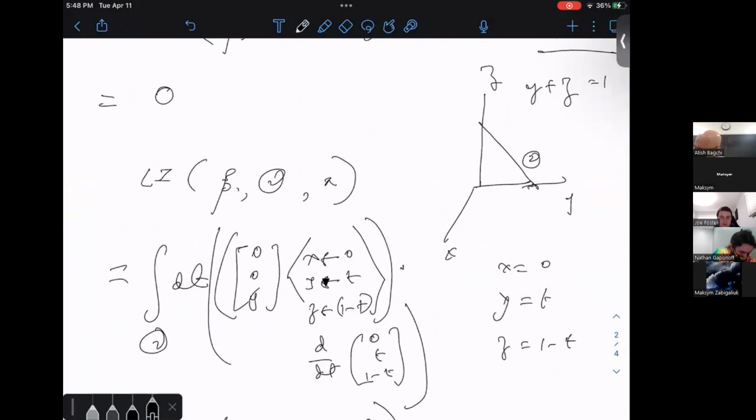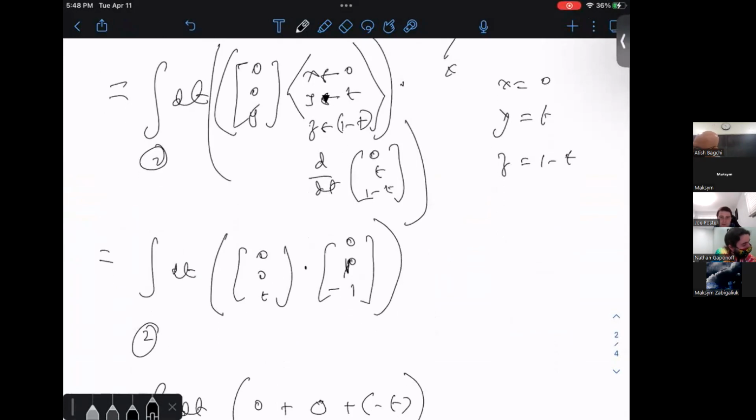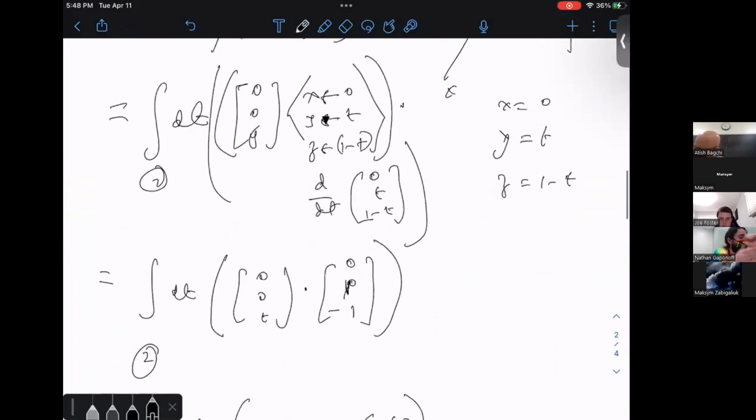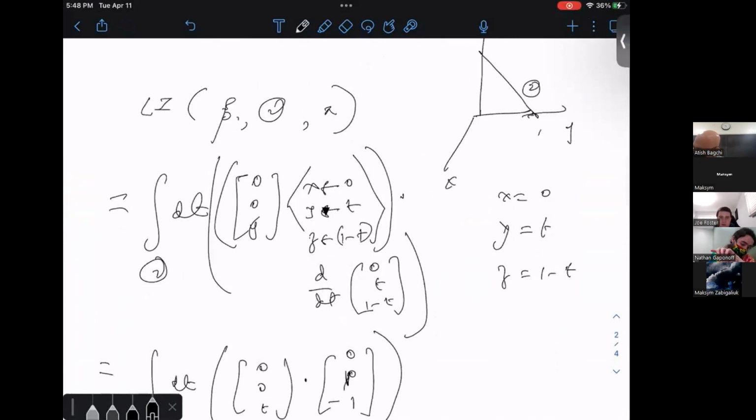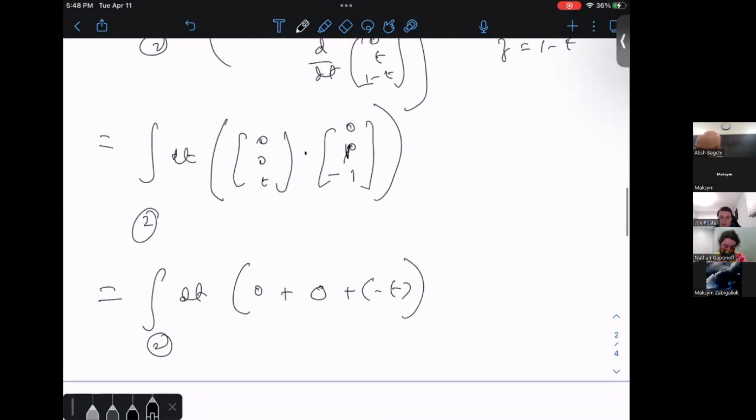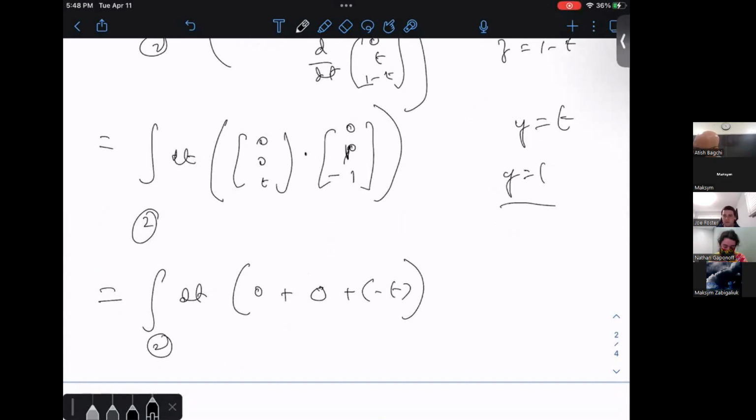This point corresponds to, we are going from y is equal to 1 to y is equal to 0. That means y is equal to t. So y is equal to 1 implies t is equal to 1, and y is equal to 0 implies t is equal to 0.